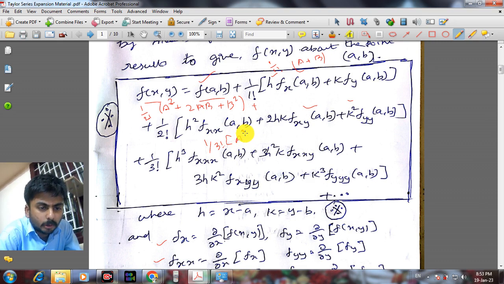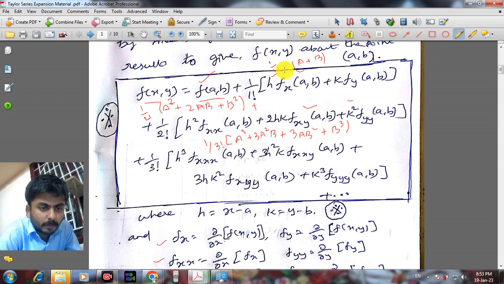A cube plus 3A square B plus 3A B square plus B cube. So just expand this with 1 by 3 factorial.